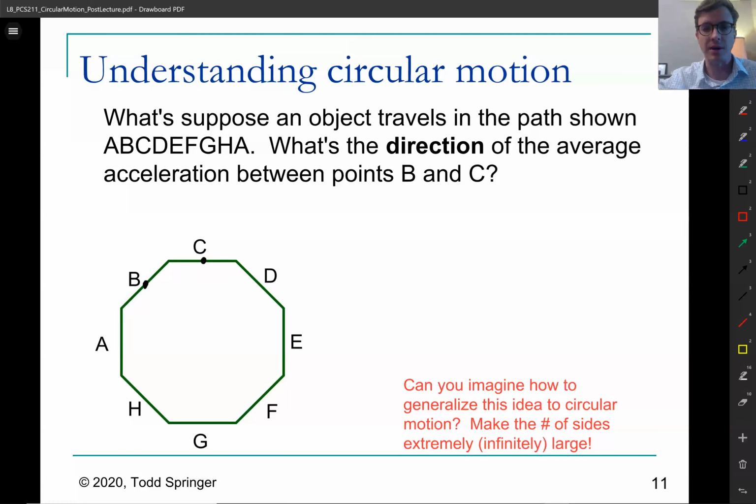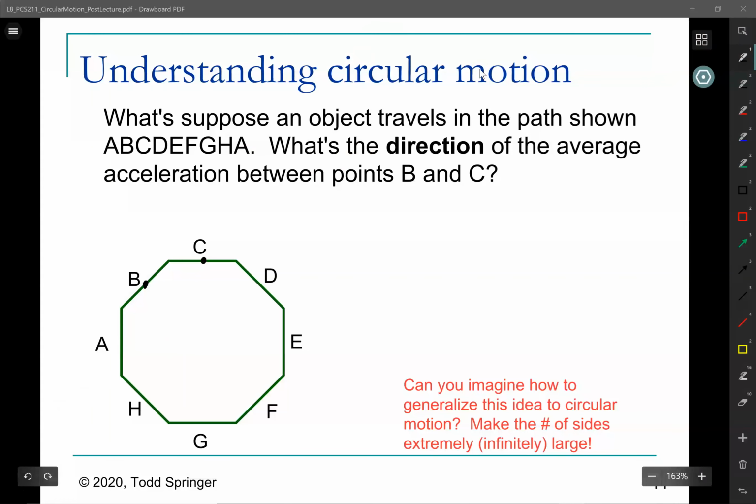So let's think about that. The car is traveling at a constant speed, so let's go ahead and write 2 vectors. This will be my VI, initial velocity. And then at point C, it's got a different velocity, this way, VF. If I did it right, those 2 should be the same length.